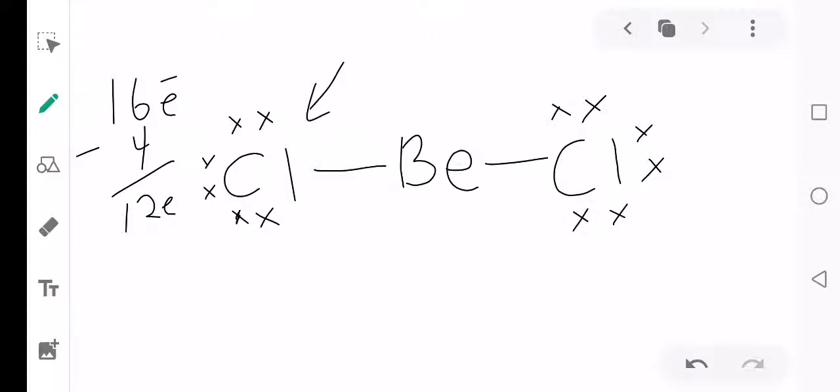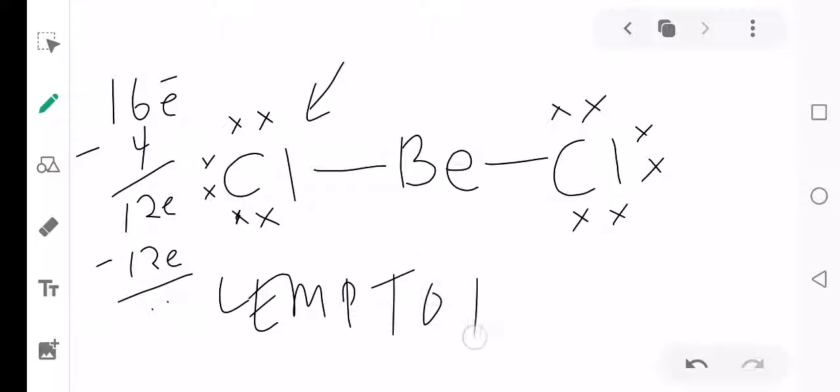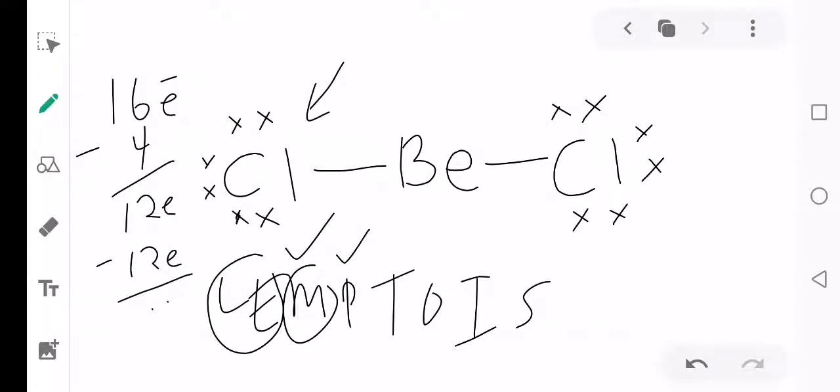So total 6 times 2 is 12 electrons. So minus 12 electrons means all the electrons are used for drawing the Lewis structure. So the Lewis structure is done. Alright, we go to the next one, that is molecular geometry.